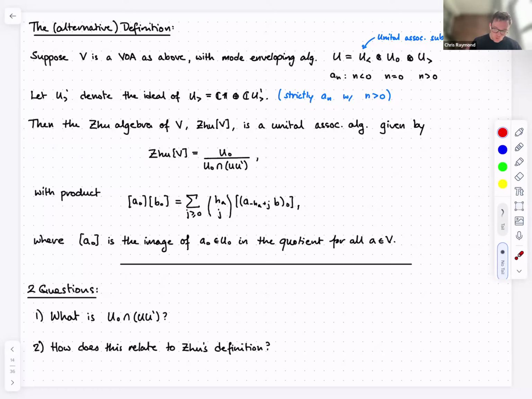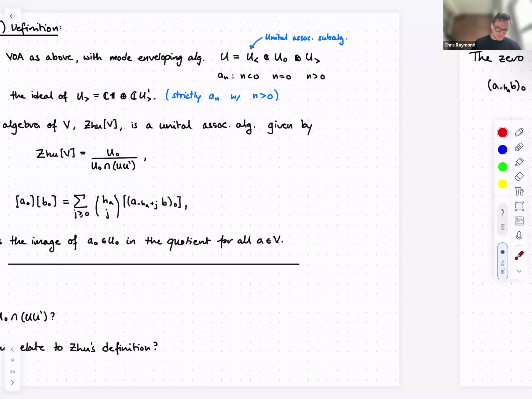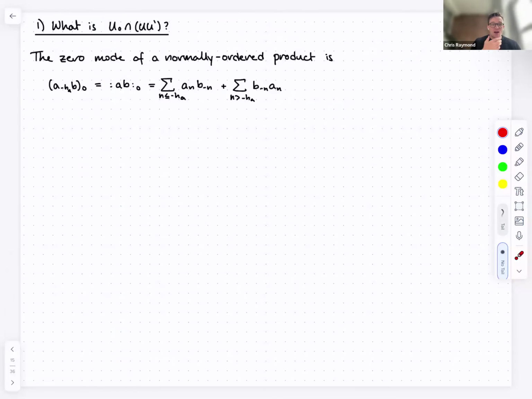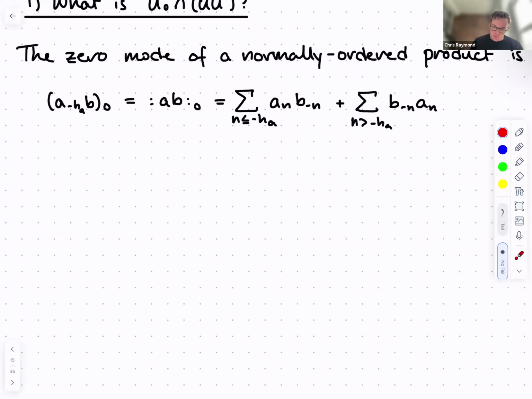All right, so the first question is, what on earth is this quotient? The second question is, how do I relate this explanation that I've just given you back to Zhu's original definition? So let's start with the first question. The zero mode of some normally ordered product is in essence the nicest possible example.